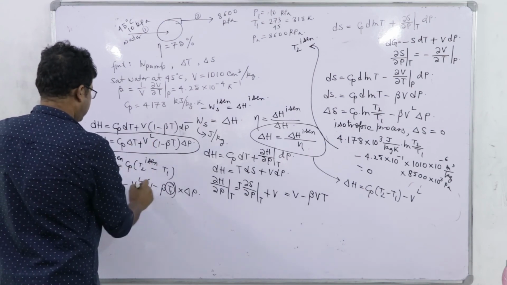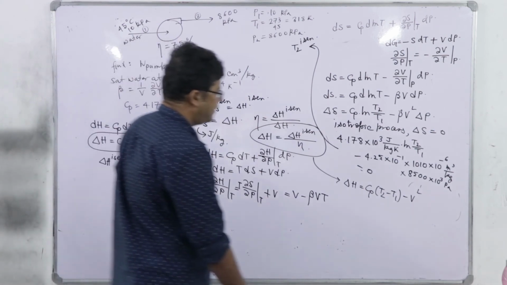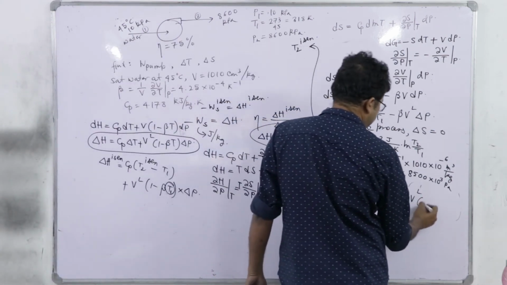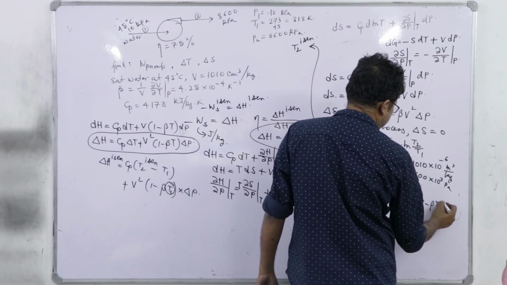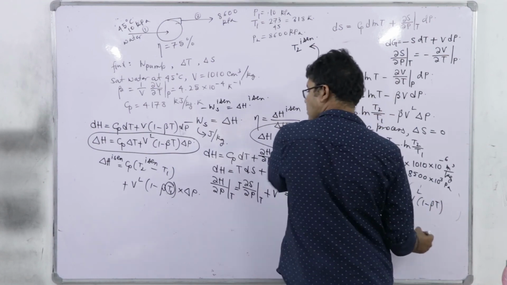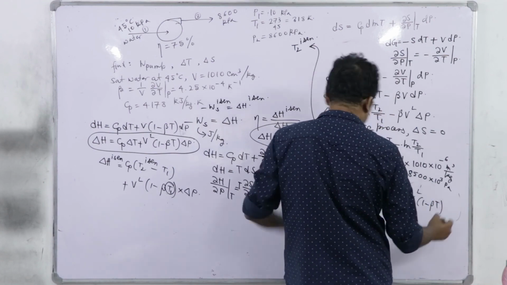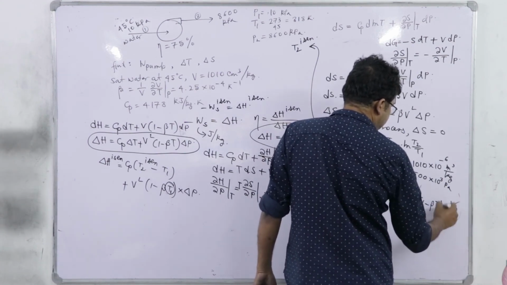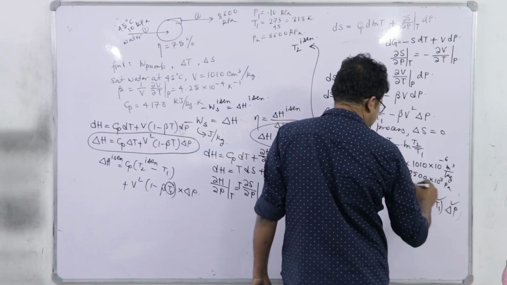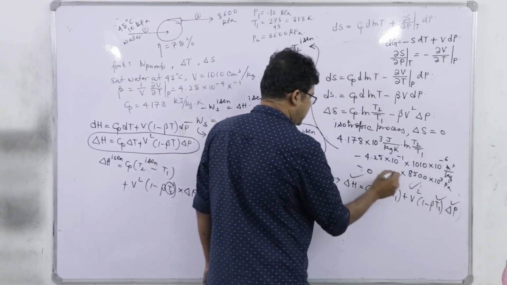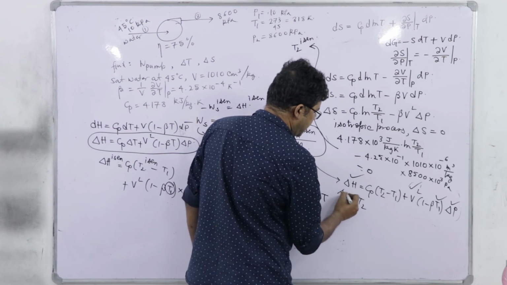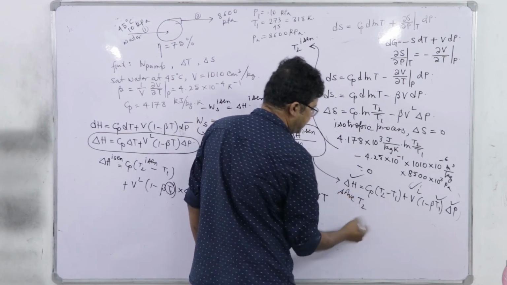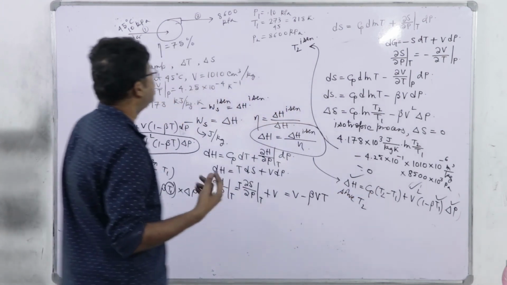So plus V L into (1 minus beta T) into delta P. Now you know this is T1, you know this V L, delta H you have calculated, solve for T2, the outlet temperature.